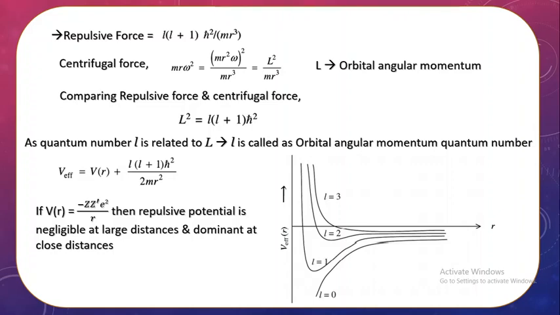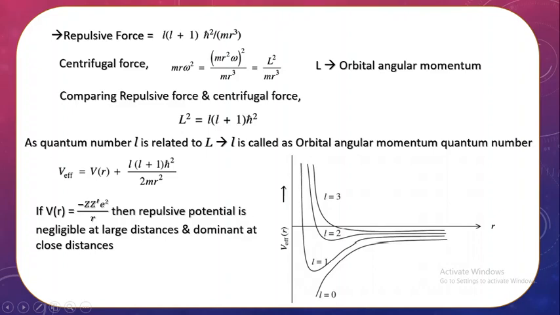So based on this graph, we can say that as the orbital angular momentum quantum number, that is L, goes on increasing, from L equals 0 to 1, 2, 3 and so on, the depth of the effective potential goes on decreasing.